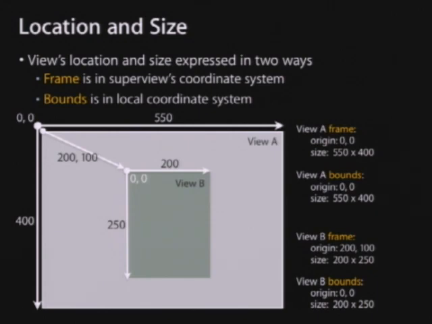So another question, one question I've heard brought up before is, does bounds always have to start at 0, 0? The short answer is no, because you can crop a view and stuff like that, and it could still have bounds. But without worrying about that, those are the two things you have to know. The frame is a view with respect to its parent, and the bounds is the rectangle with respect to itself.